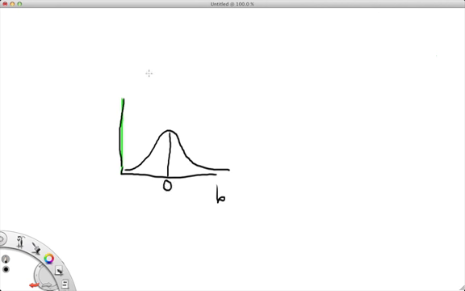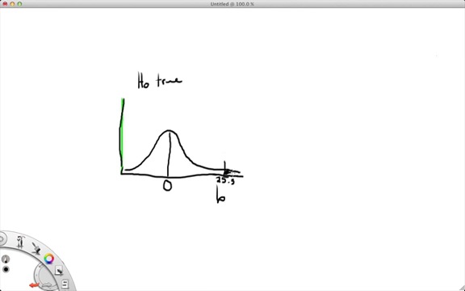So if we assume H-naught is true, then the mean of this is 0. Now what we've done is to go off and gather 40 observations, and we computed the amount of relationship between them, and we found that the amount of relationship is 25.3.